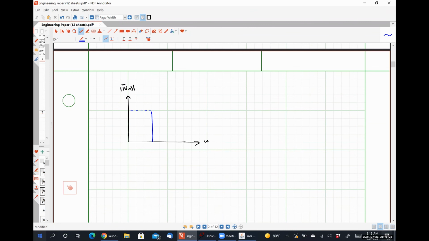So ideally, it's going to be something like this, where this is our pass band. The pass band begins at omega low, it ends at omega high, and in the middle there we have some resonant frequency, omega naught.